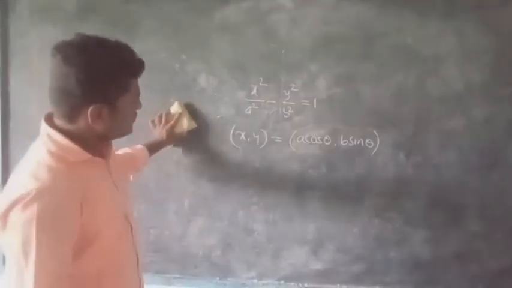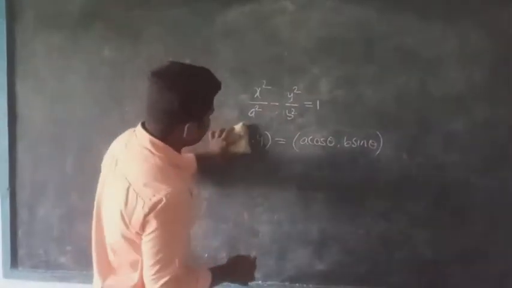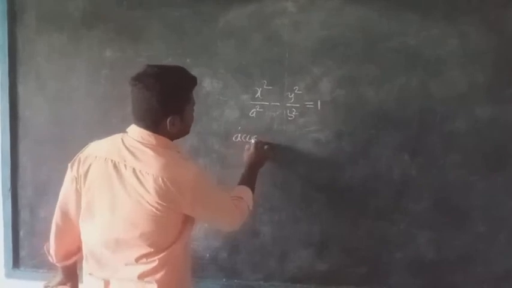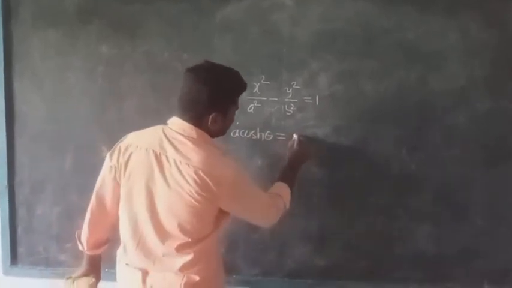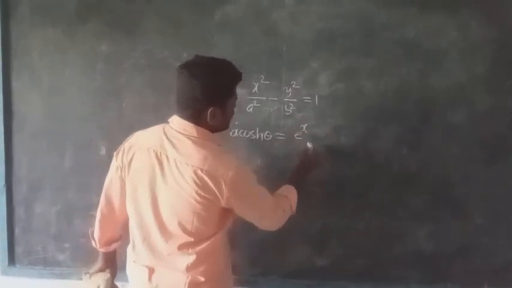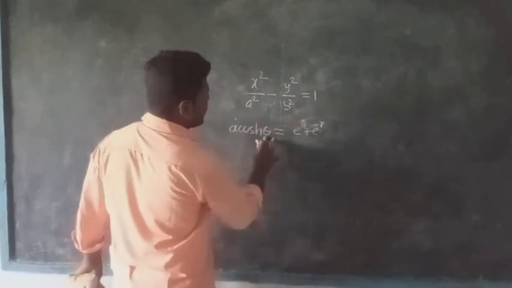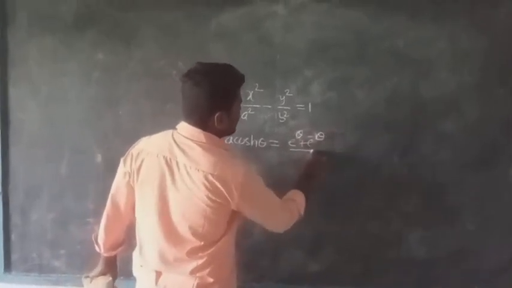So here, first, a cos h theta is equal to a into e power theta plus e power minus theta by 2.